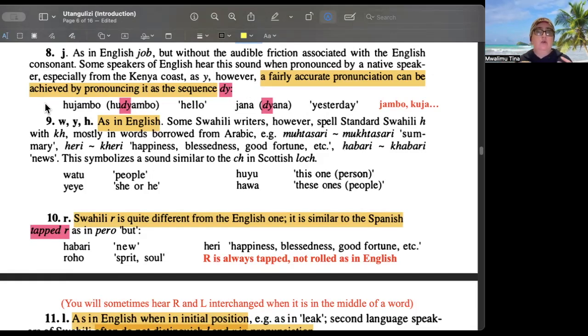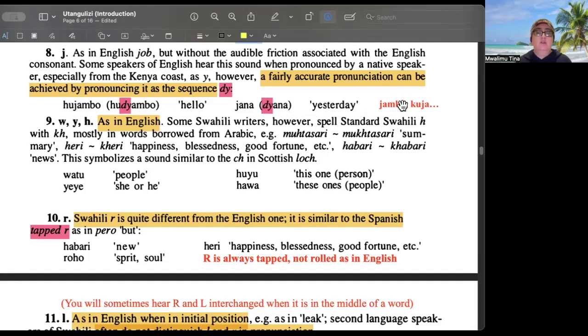So rather than hujambo, it is hujambo, dia. Rather than jana, it is diana, diana.